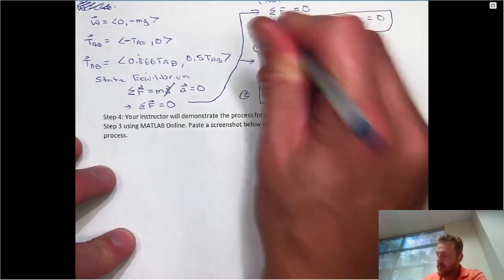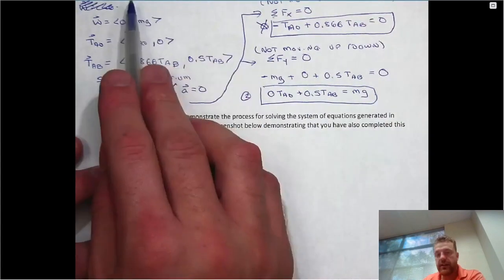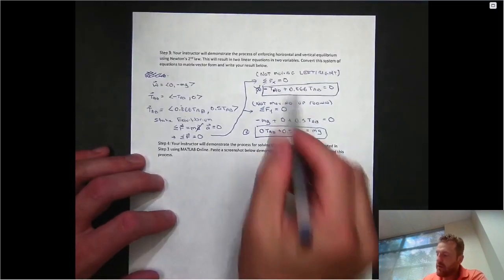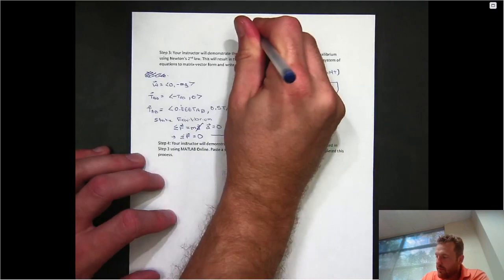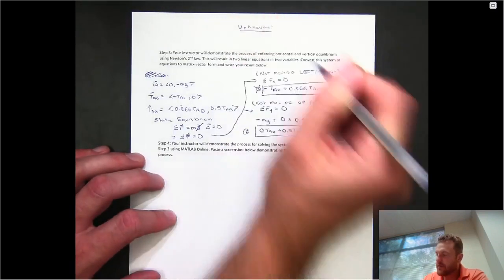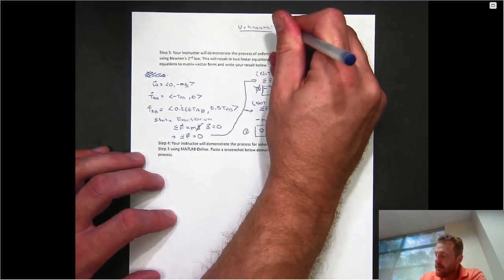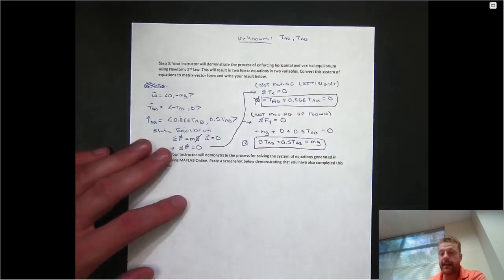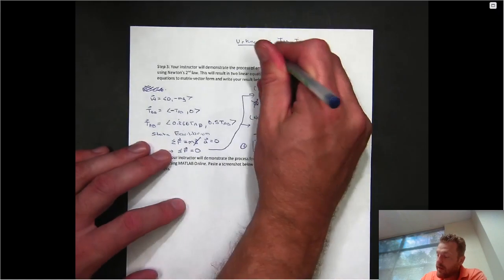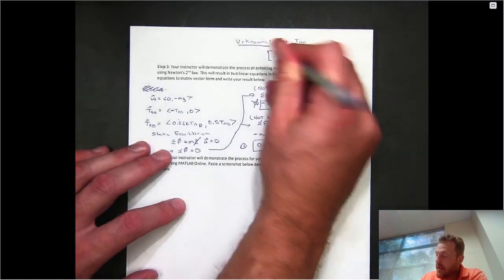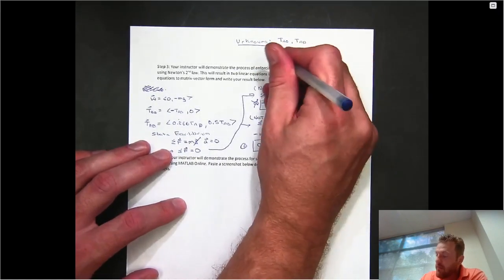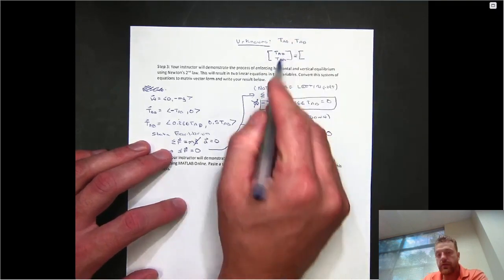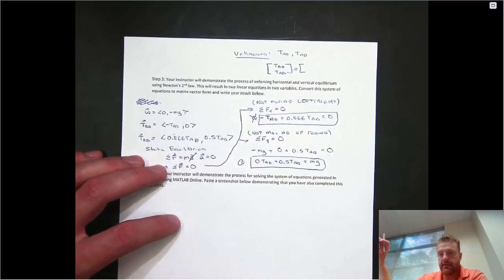Now what I would like you to do, because we're trying to convert this system of equations into matrix vector form. So what are the unknowns here? Well, the unknowns are the two magnitudes of those tensions, TAD and TAB. And if you think back to the second lab that you did, or the homework that you did on engineering math and linear algebra, remember that the way you write a system of equations in matrix vector form is you put your two unknowns into a column vector.